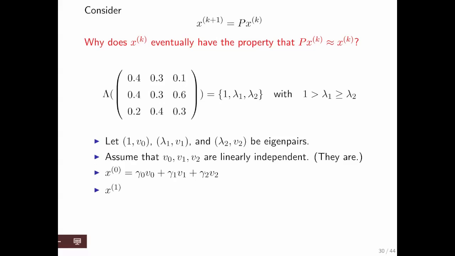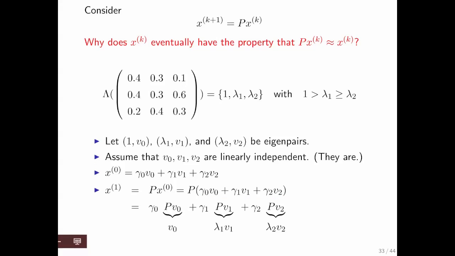If we then look at the state vector for time 1, we know that that's equal to P times x0. And what we can now do is say, well, we just said that x0 must be some linear combination of those vectors. We don't know what that linear combination is, but it exists.